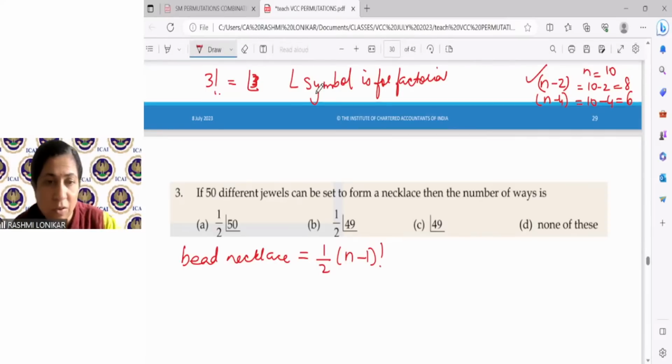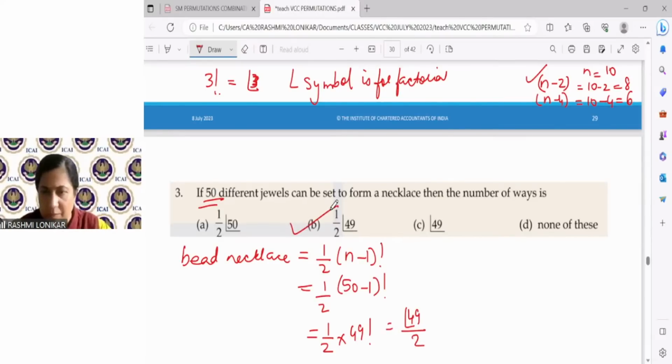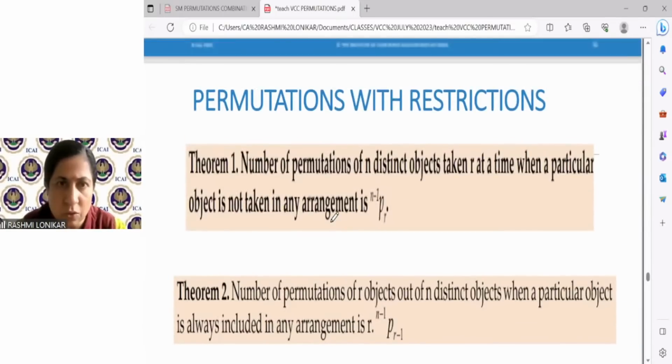These are really very good sums to score marks, and then you could use that time to solve the bigger sums. So how much is n? There are 50. So this is equal to 1/2 (50 minus 1) factorial. How much is 50 minus 1? 49. So it is equal to 1/2 into 49 factorial. Because they use the symbol like this, it is equal to 49 upon 2 factorial. So B will be the correct answer. Okay, I just want you to know this.